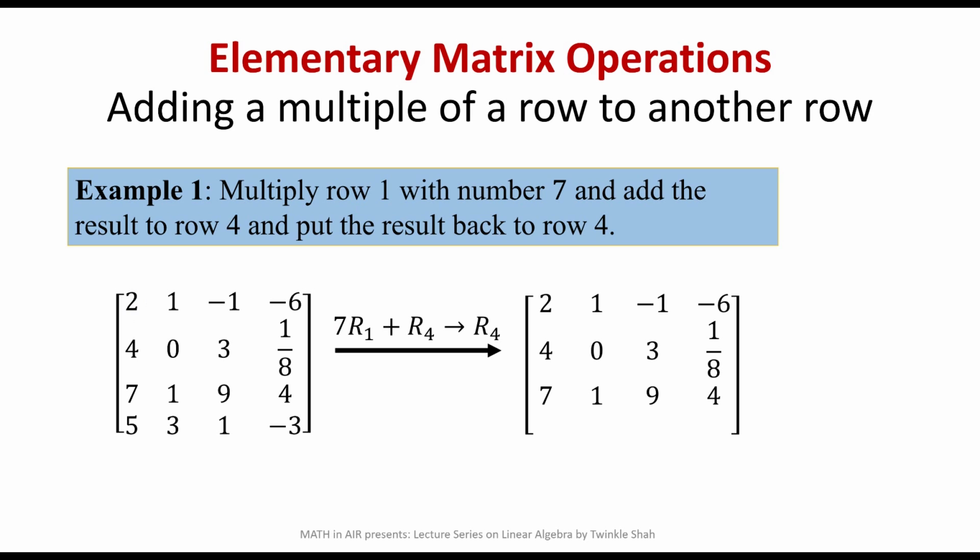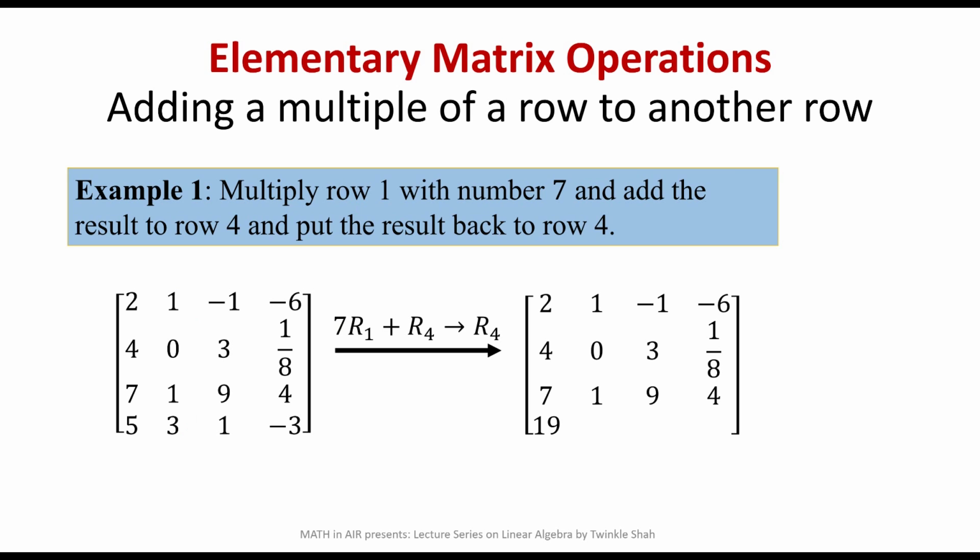Let's compute the first element in the fourth row and first column of the resulting matrix. 2 times 7 equals 14, plus 5 equals 19. Similarly, we can compute the remaining entries in the fourth row of the resulting matrix.